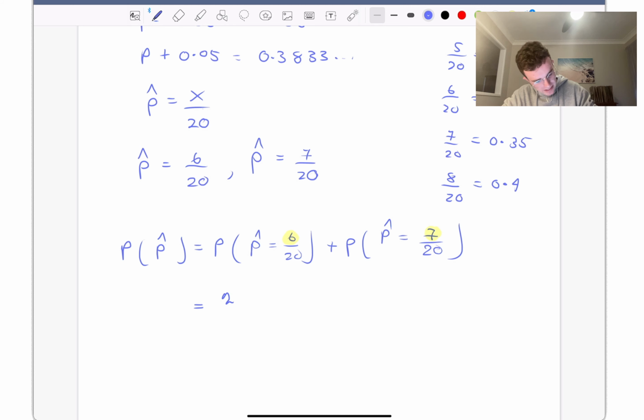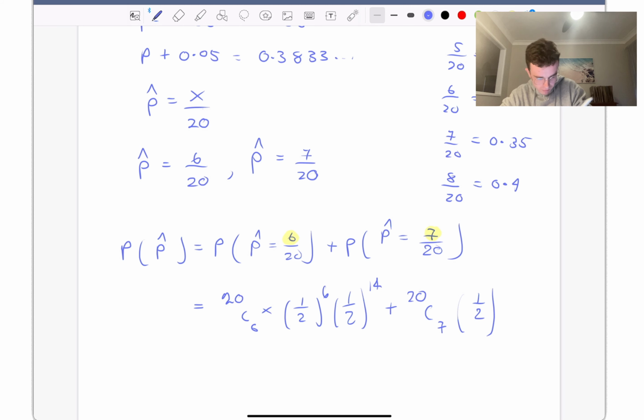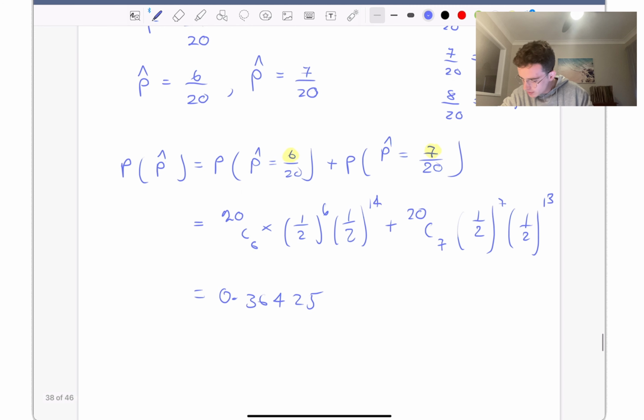So 20 choose 6 times 1 on 2 to the power of 6 times 1 on 2 to the power of 14 plus 20 choose 7 times 1 on 2 to the power of 7, 1 on 2 to the power of 13. And if you do that, you get 0.36425. So the probability that it's between 0.05 of the power value is approximately 0.36.